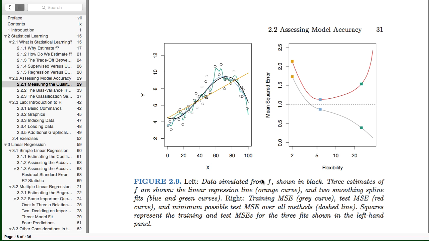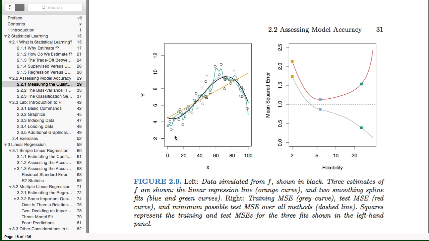We know what f really is, and here f is shown in black, so f is this very dark curve right here. And we generally don't know what f is. We've only simulated this, and we're showing this to illustrate a point. And this is a point that applies to data where we don't know the true f.